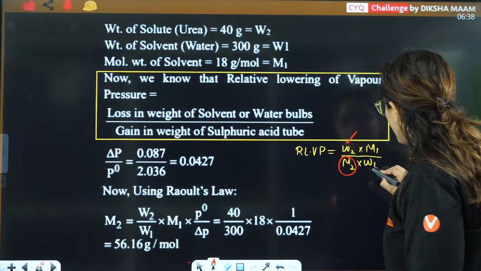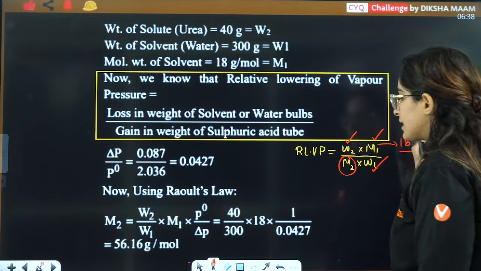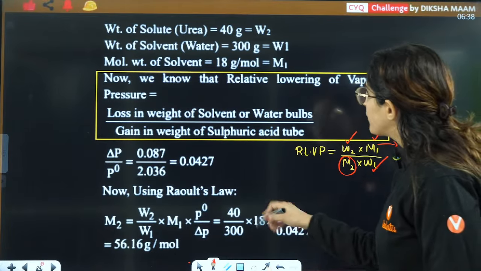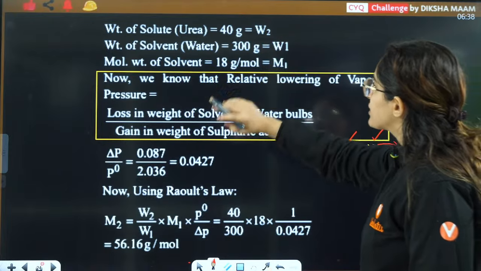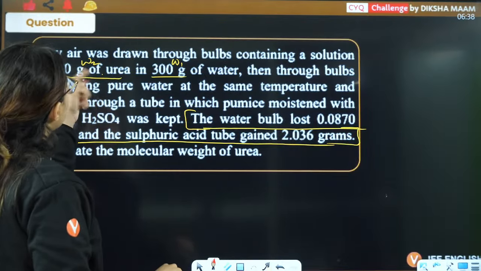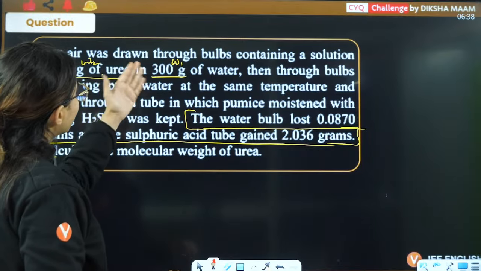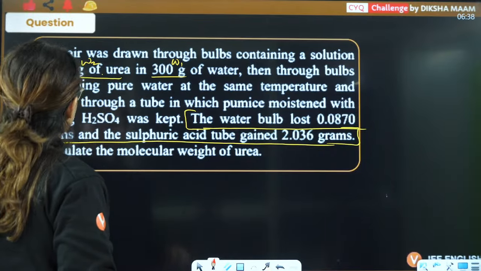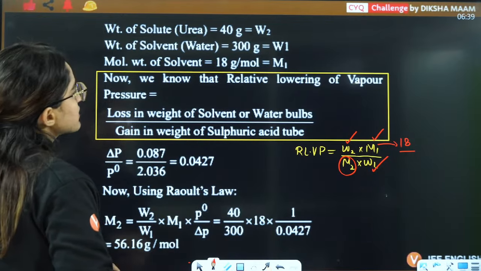W2 is given, W1 is given, M1 is given, for water it is 18. Mass of urea and mass of water are given, that is 40 and 300 grams. This is solute and this is solvent, and the molecular weight of the solvent is 18.